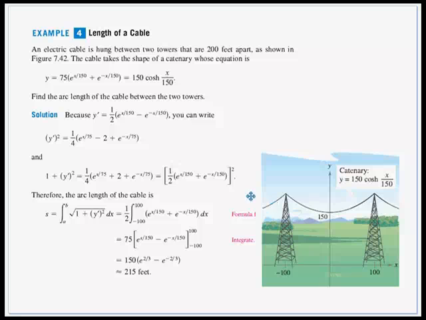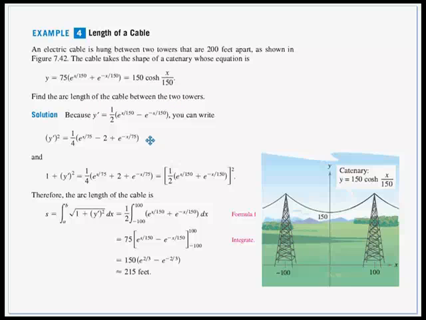So, gravity's pulling down on that cable, and the cable takes the shape of a catenary, whose equation is y equals 7/5 times the quantity e to the x divided by 150 power, plus e to the negative x divided by 150 power, and that's equal to 150 times the cosh of x divided by 150.